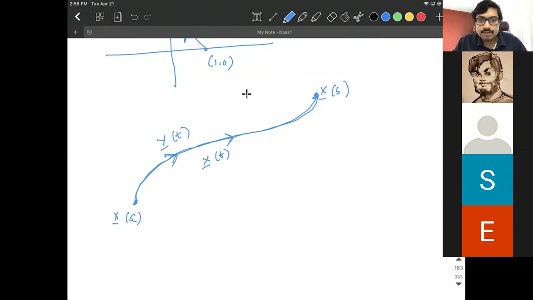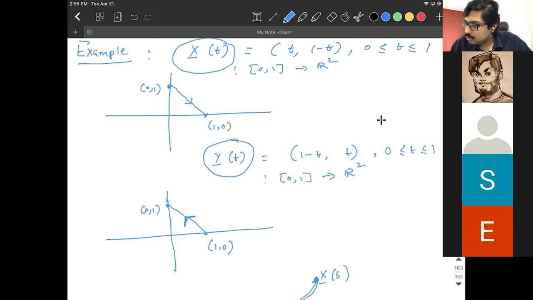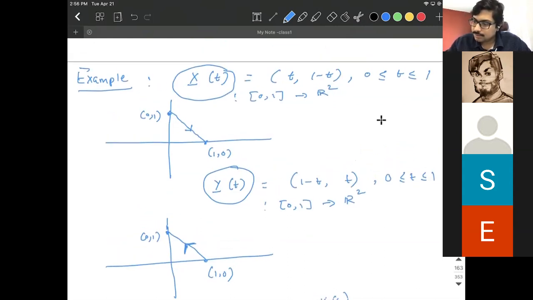and it follows the same path, so same direction in some sense. So if it does not change the way the original path is traversed, then we call the reparametrization orientation preserving. Otherwise, we call it orientation reversing. So in this particular example, yt is an orientation reversing reparametrization of xt.